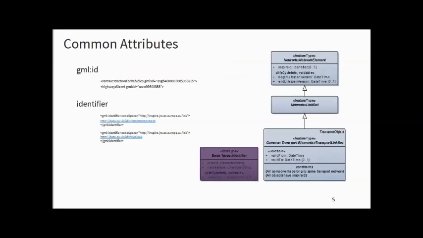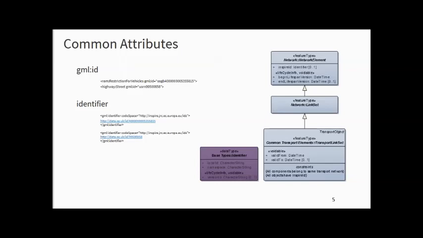Also, as an introduction to our paths product, I would like to discuss with you the common attributes we have across all the highways portfolio, so across all the products in highways. Many of them have been inherited from the Inspire transport network model.